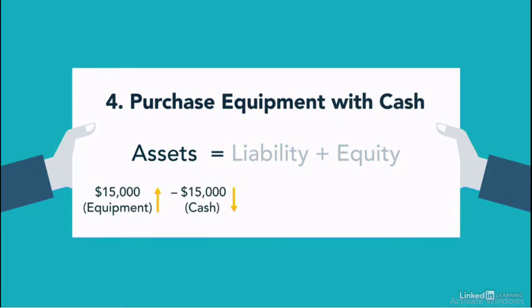Cash is going down by $15,000, and equipment is going up by a corresponding amount. For each transaction, the accounting equation remains in balance because identical amounts are added to both sides, subtracted from both sides, or added to and subtracted from the same side of the equation. Following each transaction, we can ensure that the accounting equation balances. Note in this spreadsheet how after each transaction, we can track the balance for our assets, our liabilities, and our owner's equity to ensure that the accounting equation balances.